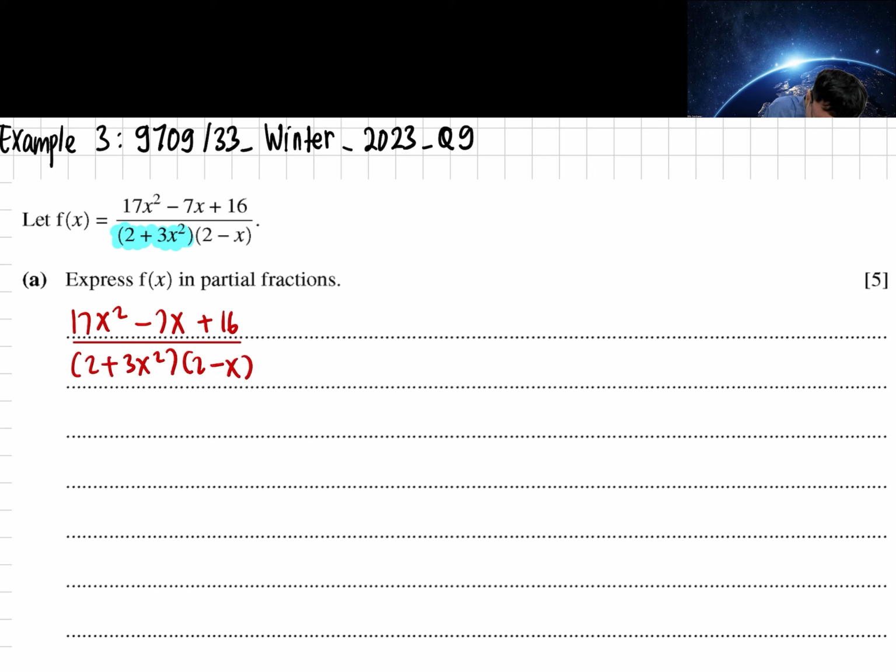So when we decompose, we get 2 plus 3x squared plus 2 minus x. Now, as you can see here, this one, the degree is 2. That means the numerator degree has to be less than that. So we have two options, either degree 0 or degree 1.